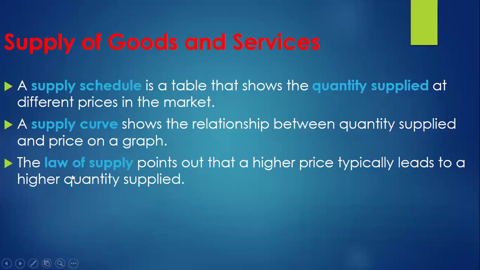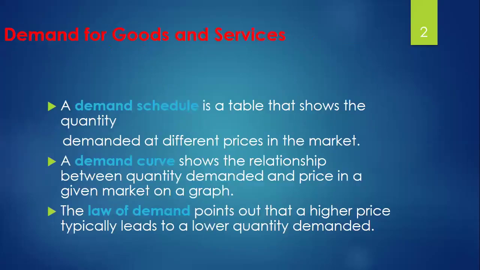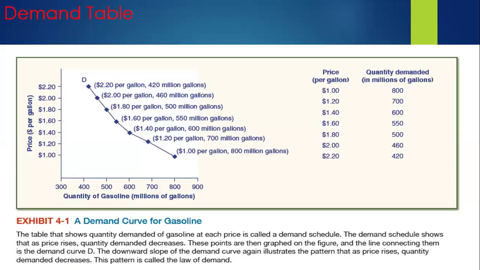Finally, we're going to see here the law of supply and the law of demand. We're going to talk about the demand first. So the law of demand, as we see here: the higher the price, the lower the quantity.